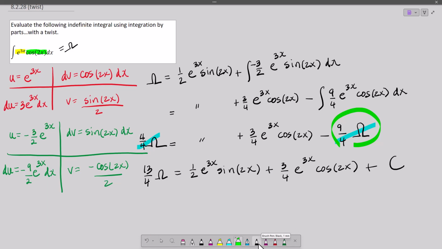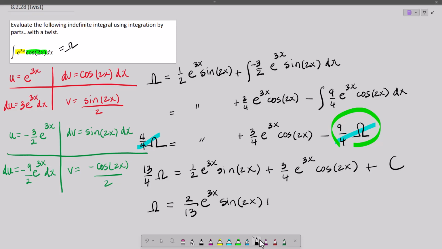And now we just need to multiply by 4/13. If we multiply the left side by 4/13, we will have 3/4 times 4/13, which will be 1. And over here, when we multiply by 4/13, we'll end up with 2/13 because there will be a cancellation with the 2.